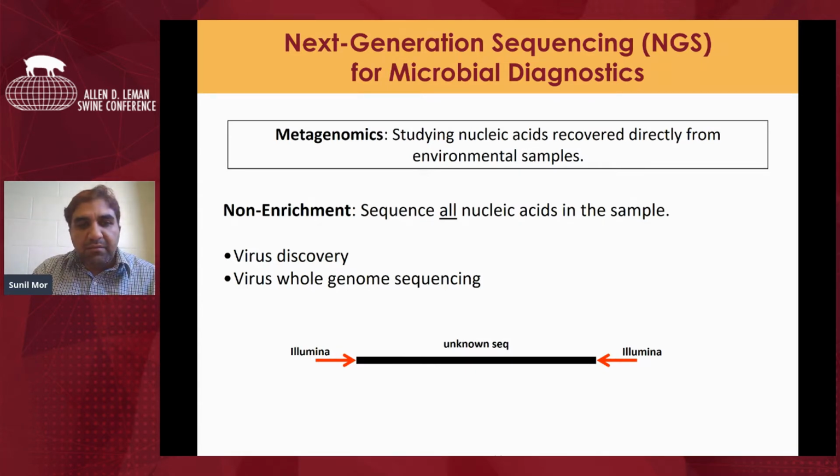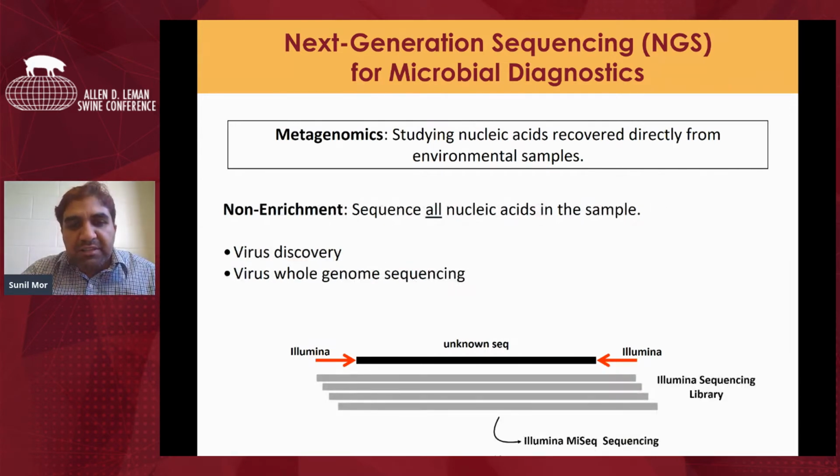And whole genome sequencing also, like influenza, if we do not have the specific primers to amplify the whole genome. So in that case, there are no specific primers, it just attaches to all the nucleic acid present in the sample. In this case, Illumina is one example, and it will amplify everything present in the sample.